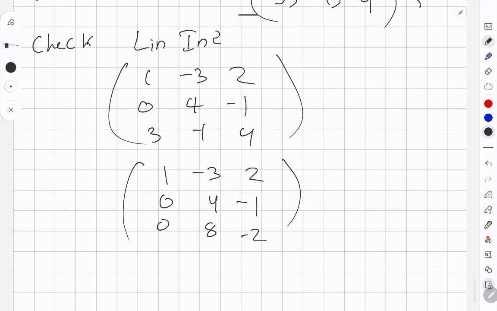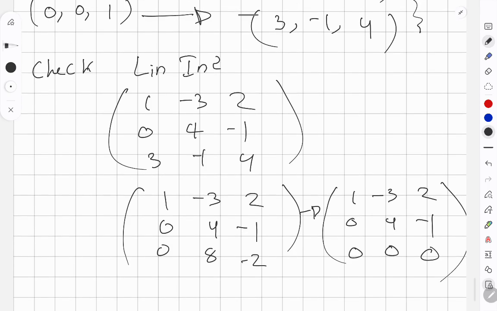But you can see if I go from here, I get (1, -3, 2), (0, 4, -1), (0, 0, 0). So this is a linearly dependent term, and I can remove this part.